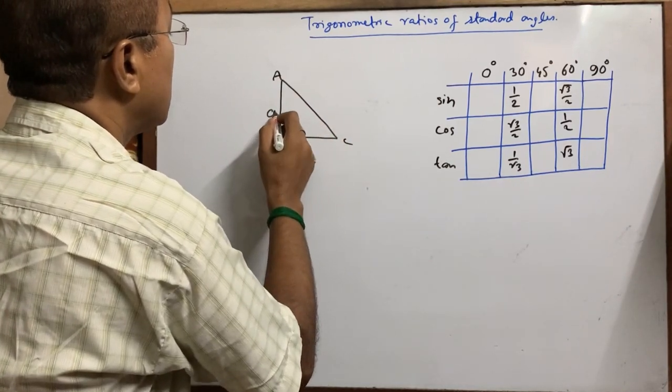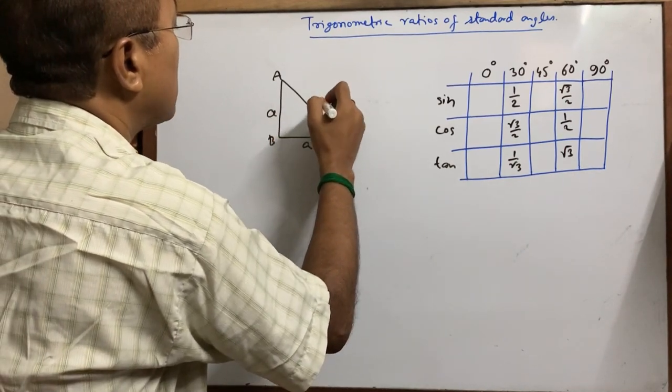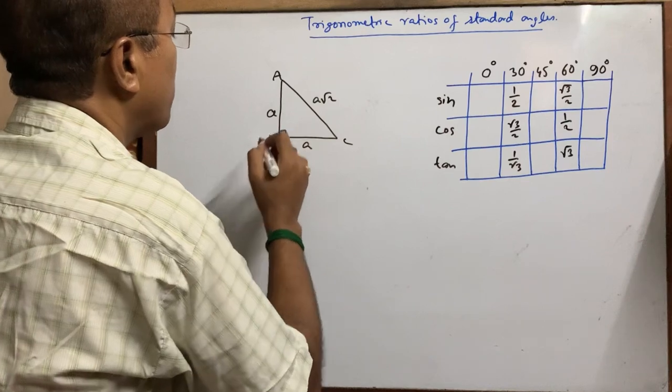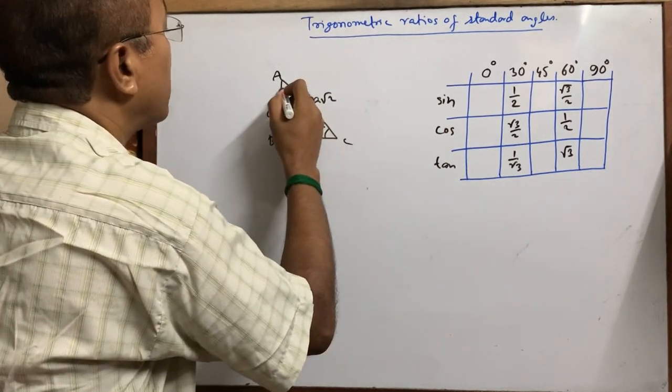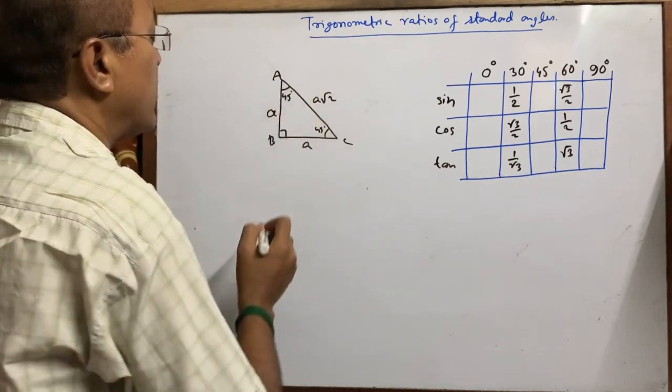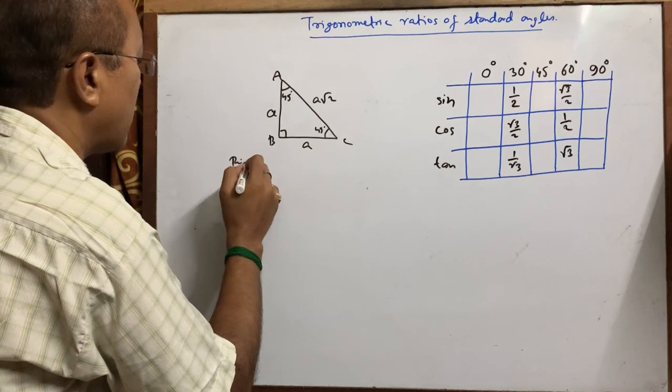Say perpendicular and base are a and a units, so the hypotenuse would be a root 2, all of you know. Because in a right angled isosceles triangle the acute angles are 45 and 45 degrees.